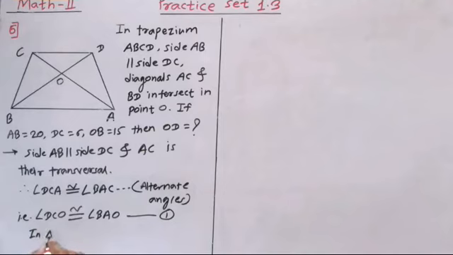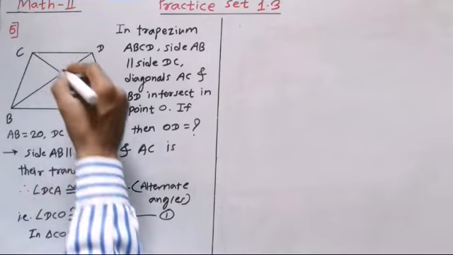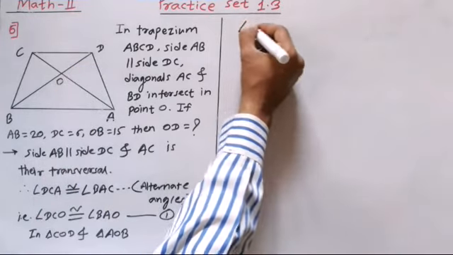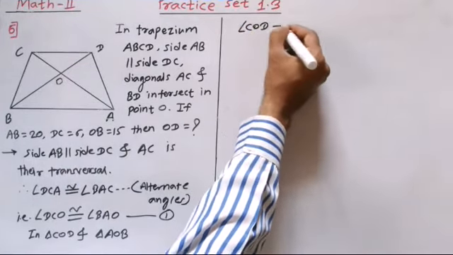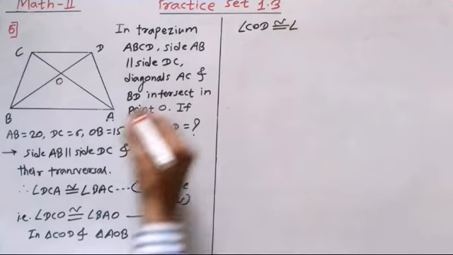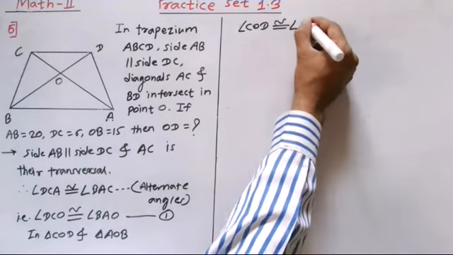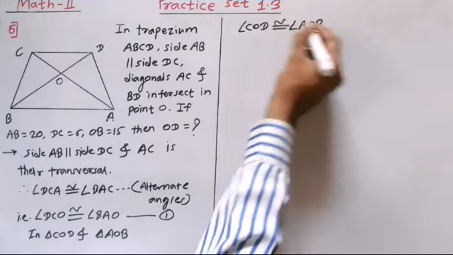In triangle COD and triangle AOB, first, angle COD is congruent to angle AOB. These two angles are congruent.